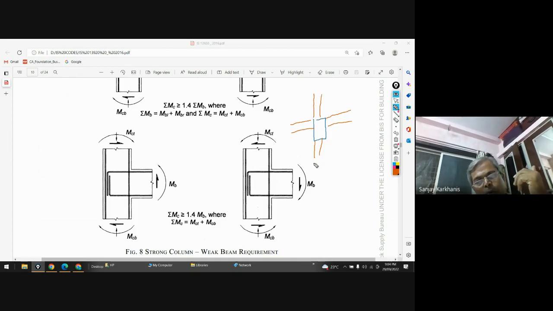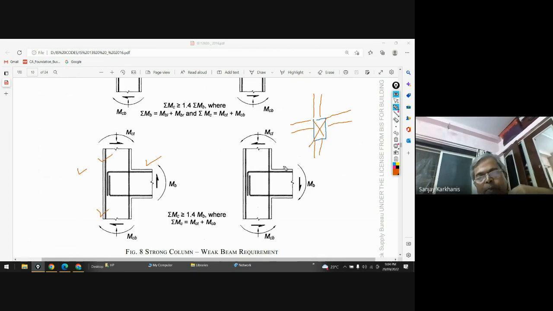So there will be 4 beams, and a column below and a column above. So this is the column below and this is the column above. Then this is the beam on left, on right, beam at back and beam at front. So 1, 2, 3, and 4.